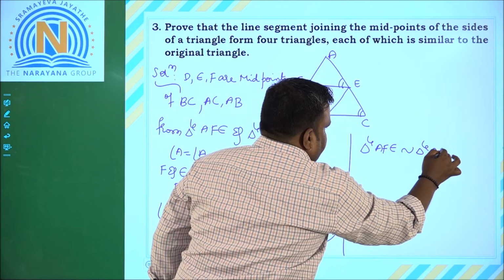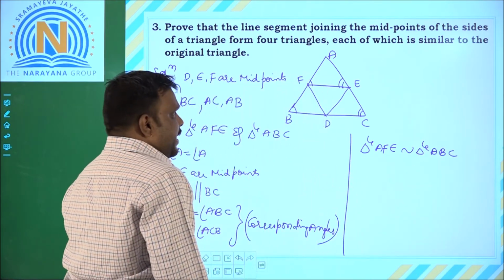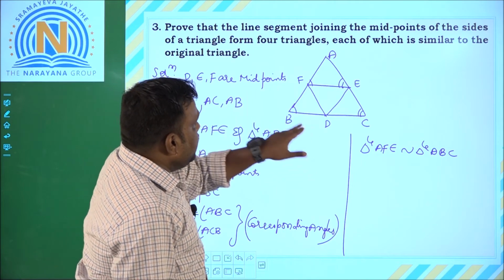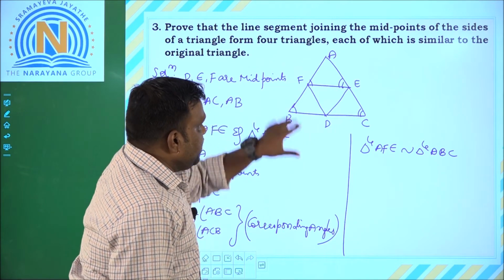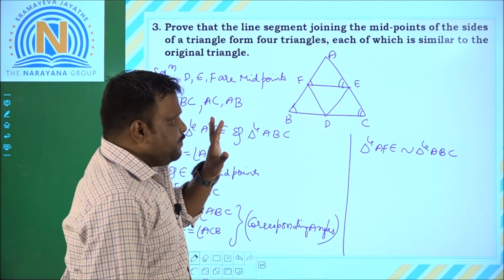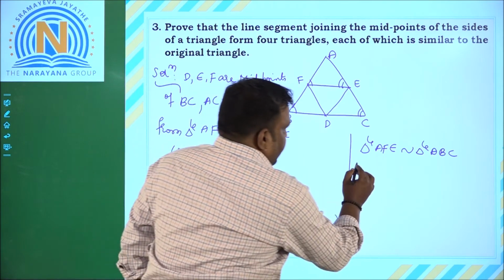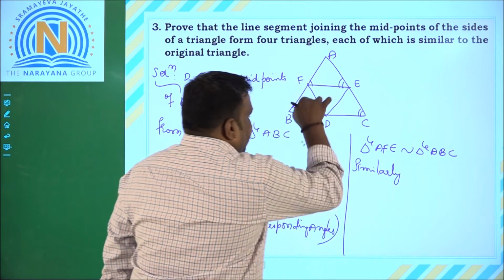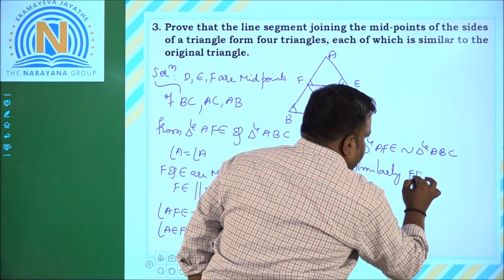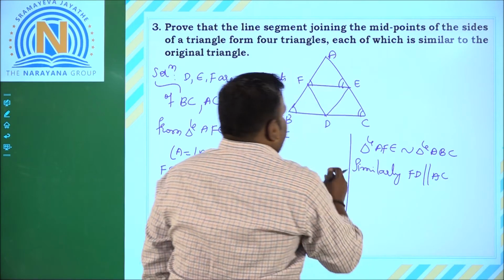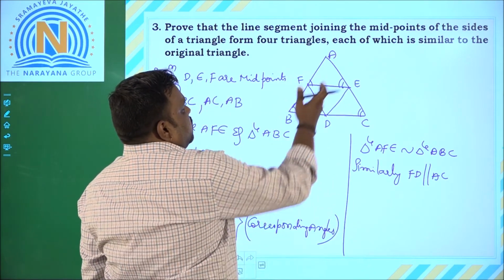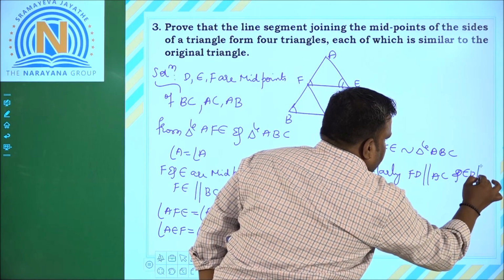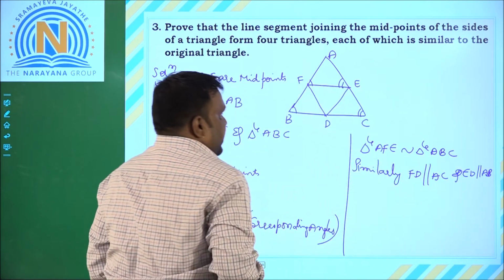Okay, exactly the same way, F and D are the midpoints of AB and BC. So that means FD is parallel to AC. And as E and D are midpoints, ED is parallel to AB. So the same type of conditions arise.